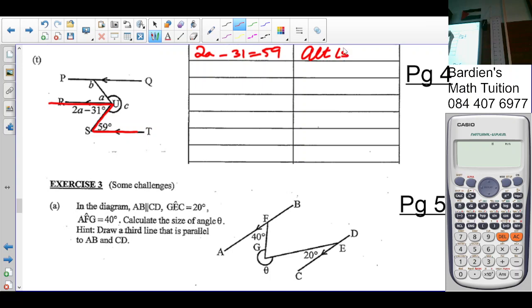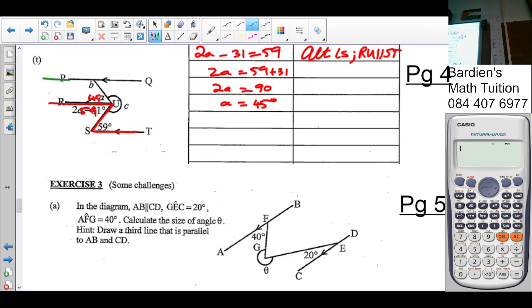Alternate angles with RU being parallel to ST. So 2a is equal to 59 plus 31, which is 90. Divided by 2, a gives you 45. So if a is 45, 2 times 45 minus 31 is 59.